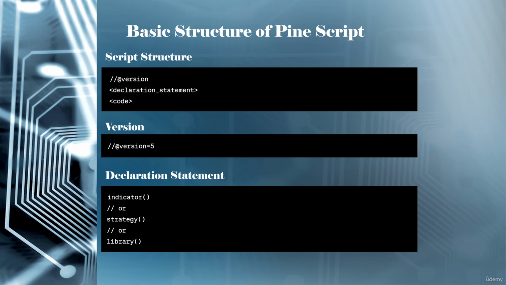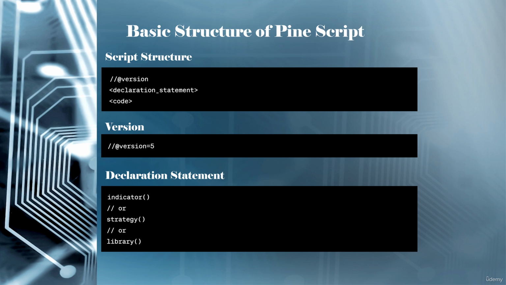Let's review the basic script structure of Pine Script. At its core, every Pine Script adheres to a structural format: version, declaration statement, and after that, main Pine Script code.